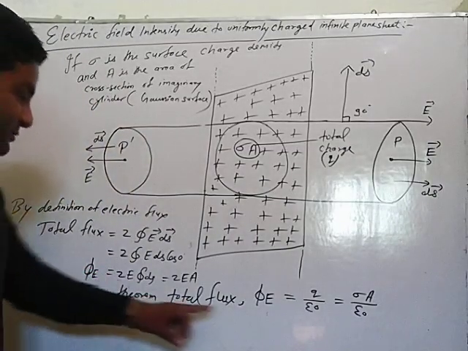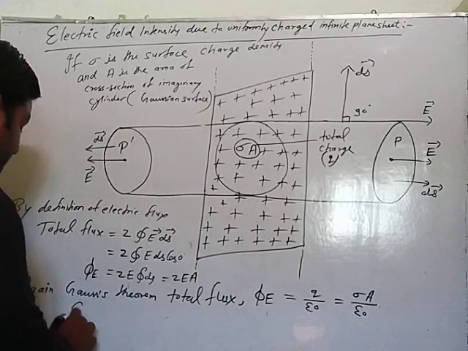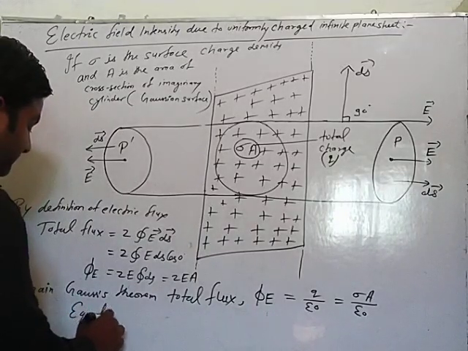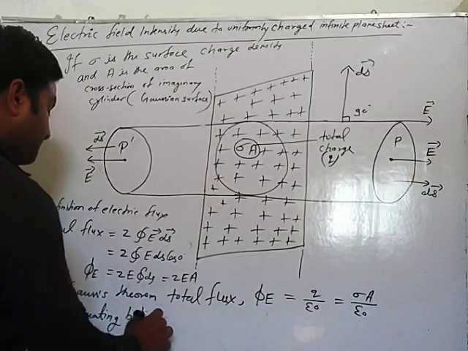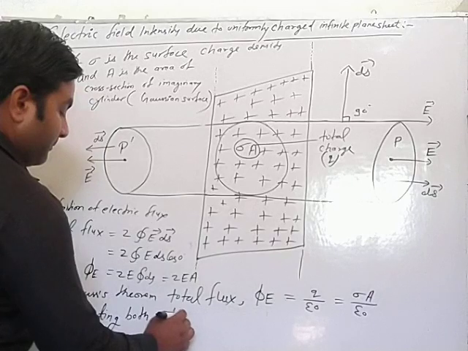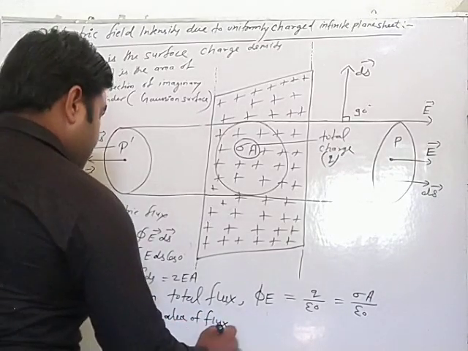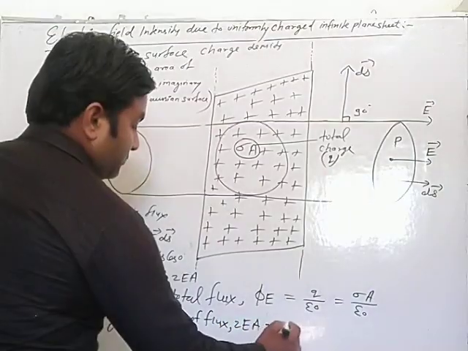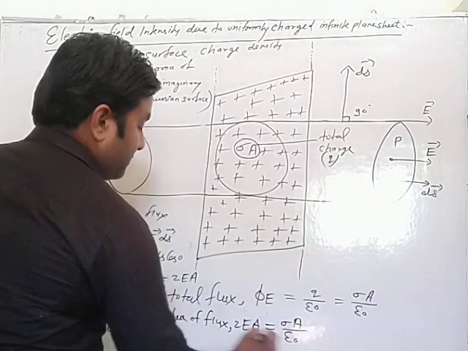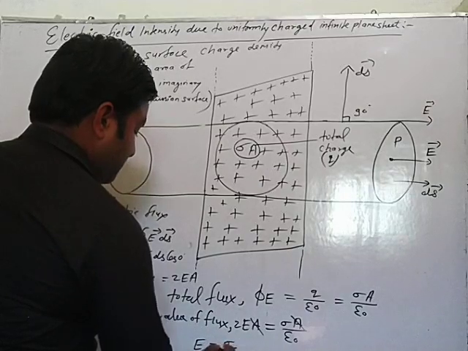Both fluxes are equal, but calculated with different concepts, so equating both values of flux, twice EA is equal to sigma A upon epsilon naught. A cancels out, so E is equal to sigma upon 2 epsilon naught.